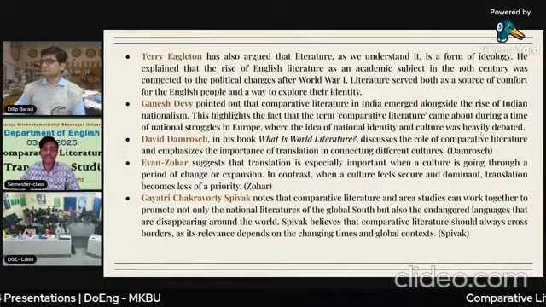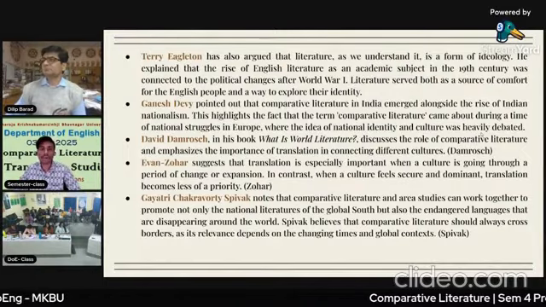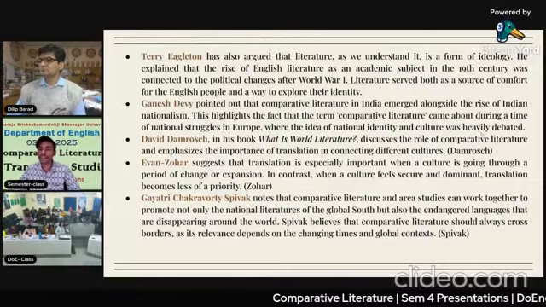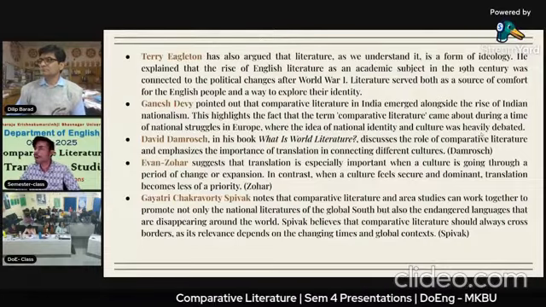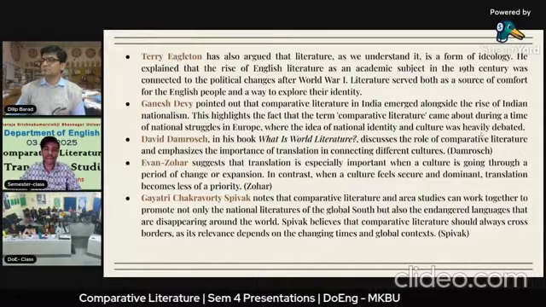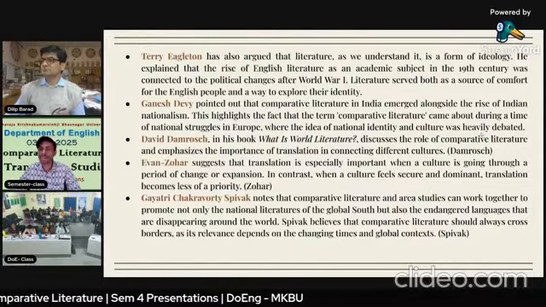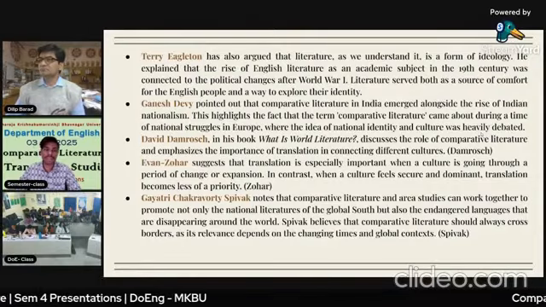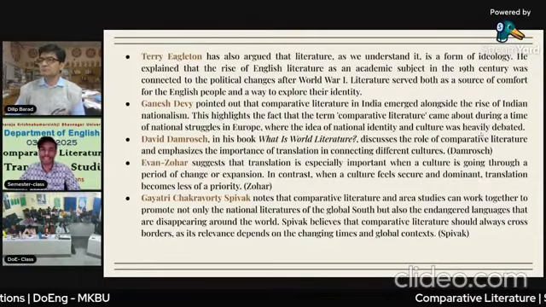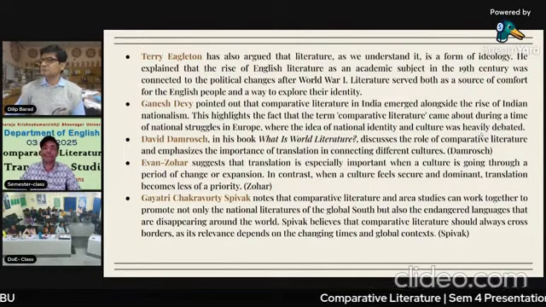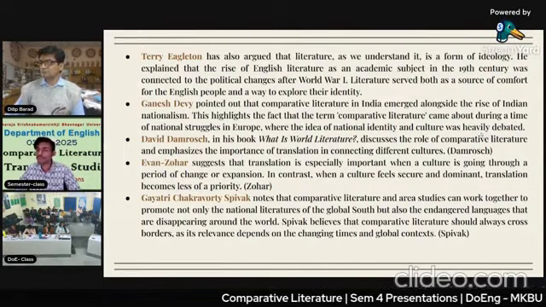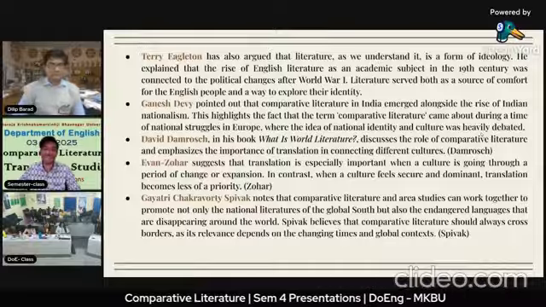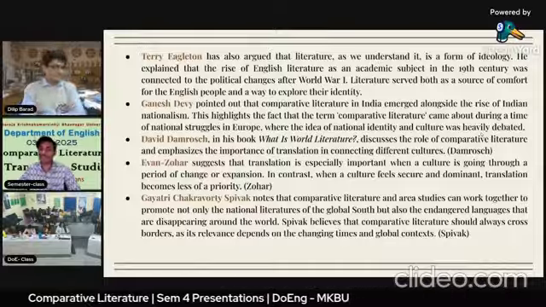So first is Terry Eagleton, who argues that literature, as we understand it, is a form of ideology. He explained that the rise of English literature as an academic subject in the 19th century was connected to the political changes after World War I. So literature served both as a source of comfort for the English people and a way of exploring their identity.